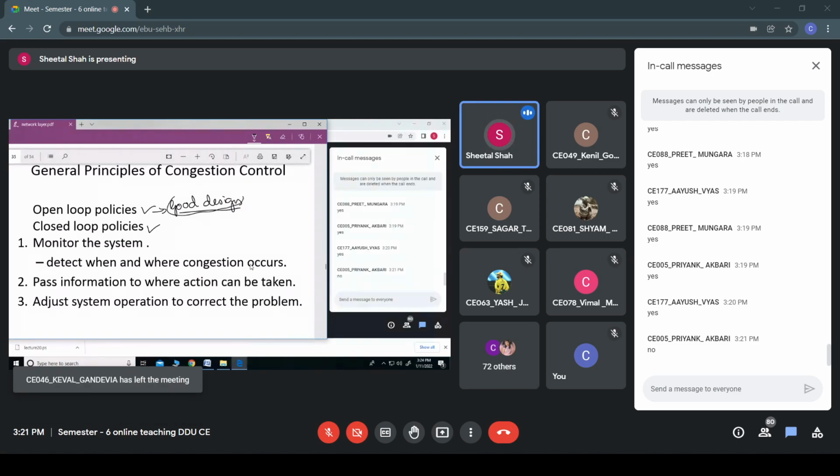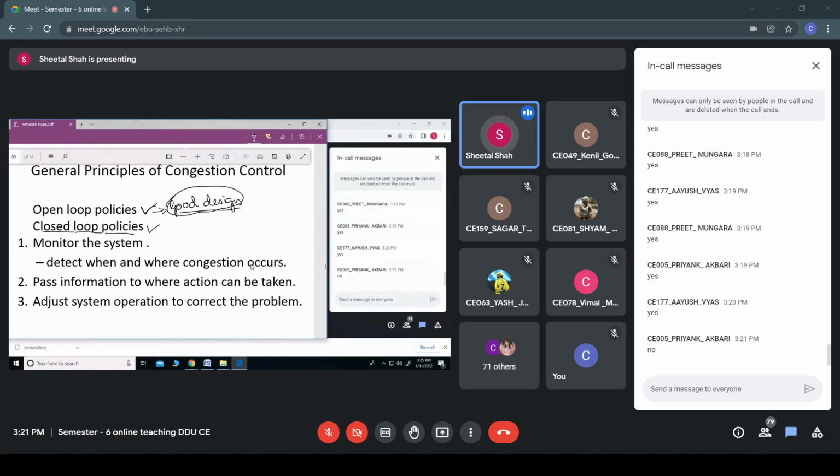By using some good design, it may reserve some bandwidth properly, or use routing protocols in such a way that, as far as possible, the congestion would not occur in the first place. Whereas in closed loop policy, as and when congestion occurs, some measures should be taken. Some feedback will be provided, and based upon that, the parameters of the network, etc., would be adjusted.